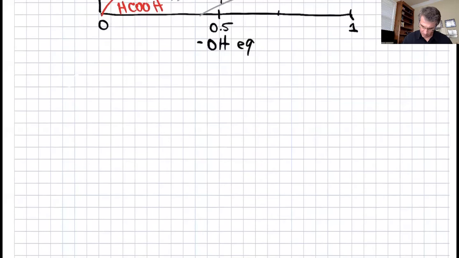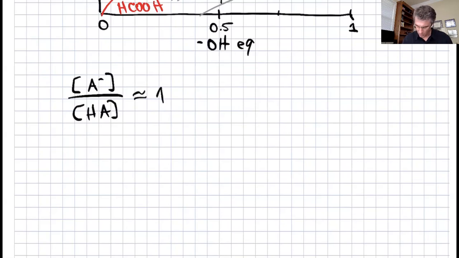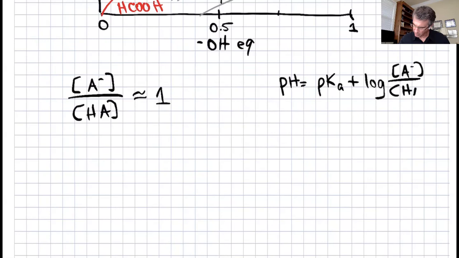at the equivalence point, the concentration of the conjugate acid and the conjugate base, right, approximately equal 1. And if you remember the Henderson-Hasselbalch equation, pH equals pK plus log concentration of A minus over the concentration of HA.